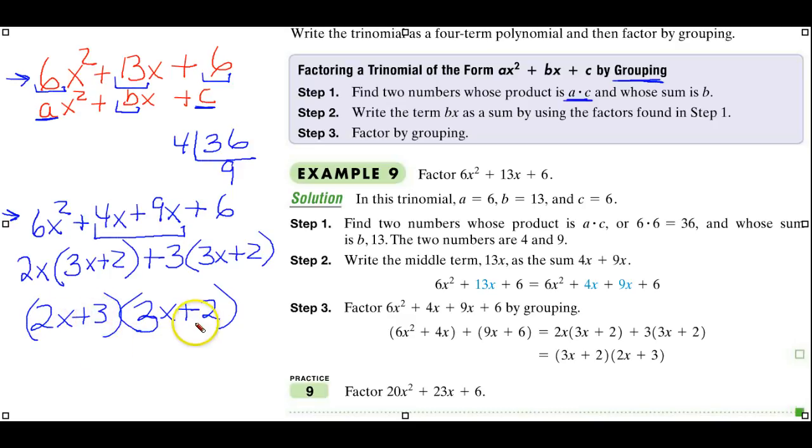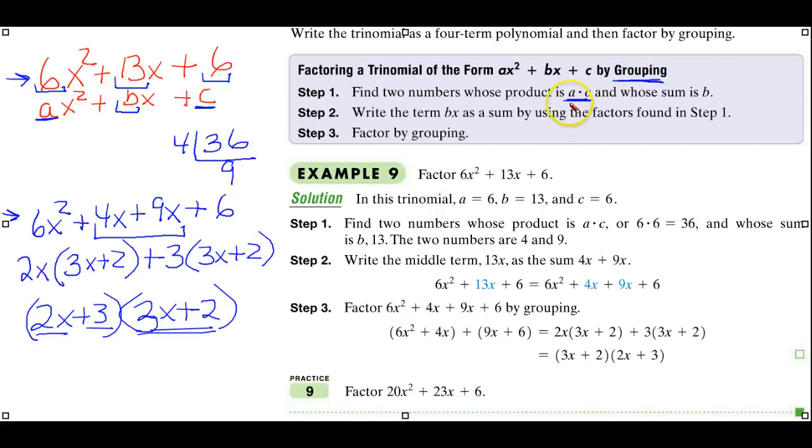And if you FOIL this, you would get this. But if you did this the other way, multiplying this times this, and then this times this, you got that step, got this step, and then combined like terms. So another way of doing it.